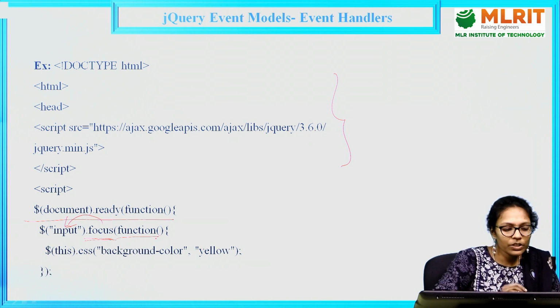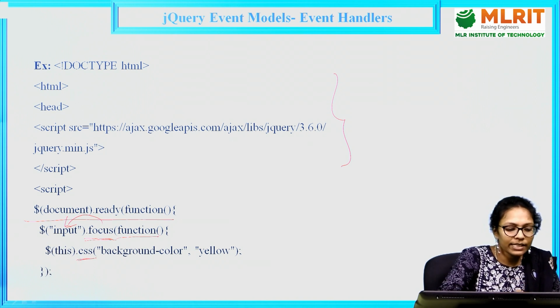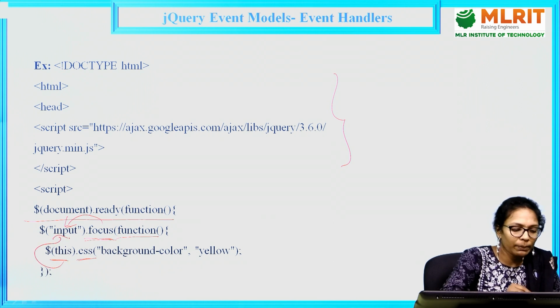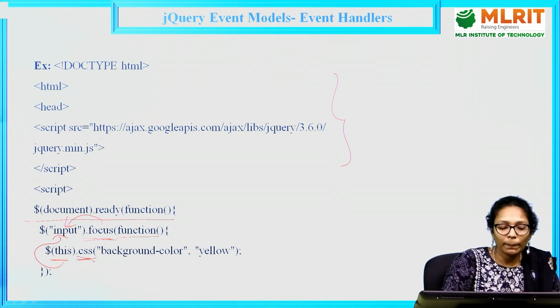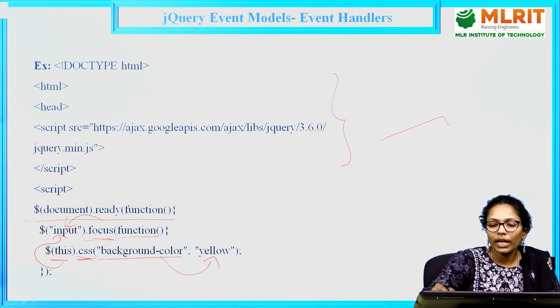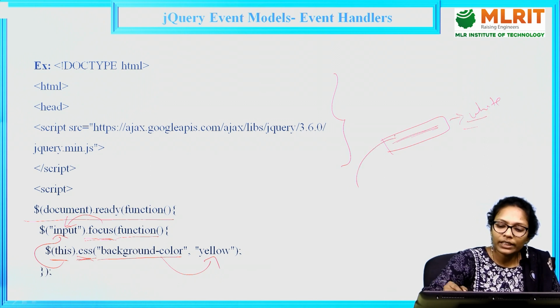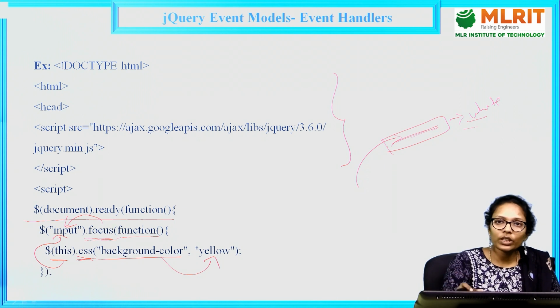What is this function? I am applying CSS for the current element. So this indicates the current input element. What CSS styles are you applying? The background color you're changing to yellow. By default the background color of this element will be white, but whenever you place your cursor into that element, automatically it will become yellow.